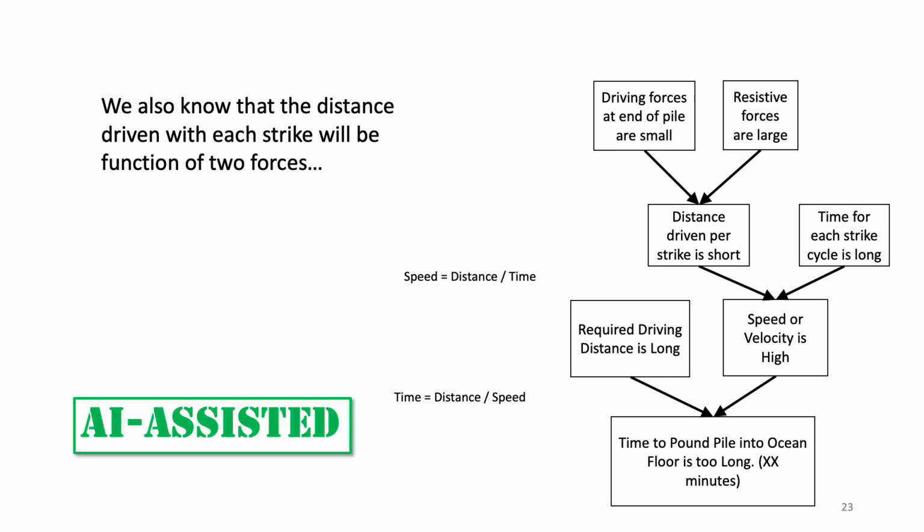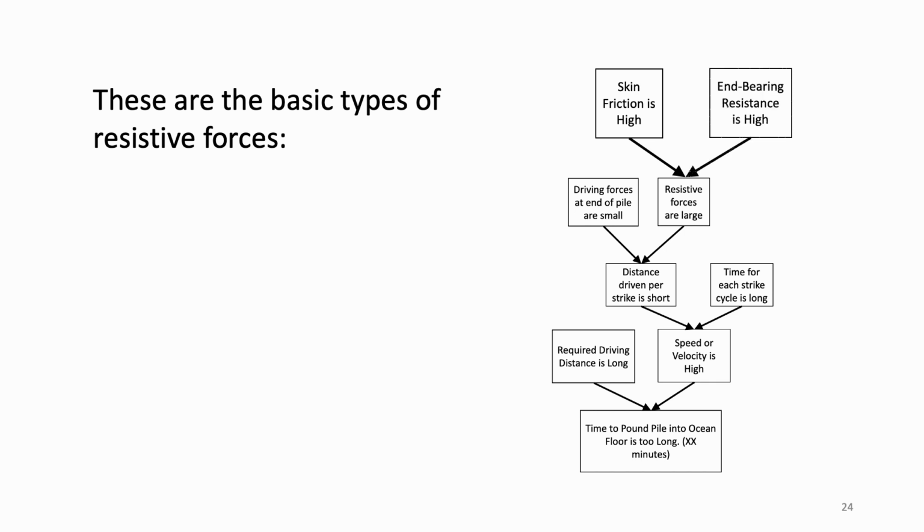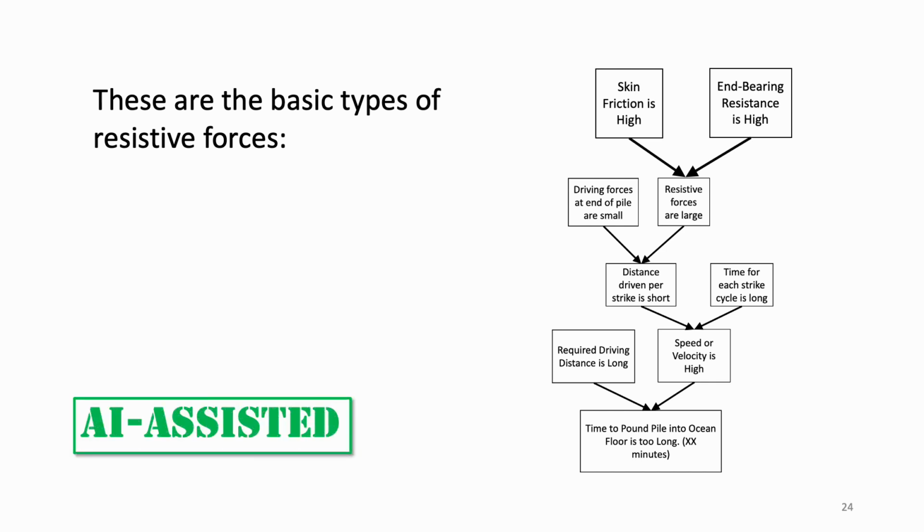Again, if that isn't basic to you, AI can help. These are the basic types of resistive forces. Something called skin friction is high on the sides of the pile, and the end-bearing resistance is high. The AI-assisted tools that we have available definitely assist with that.